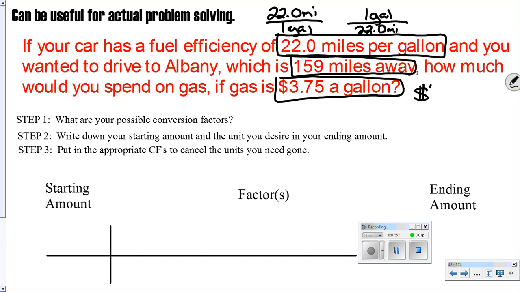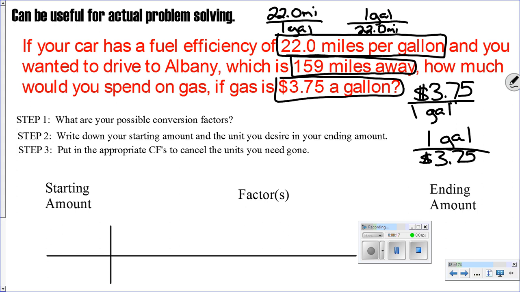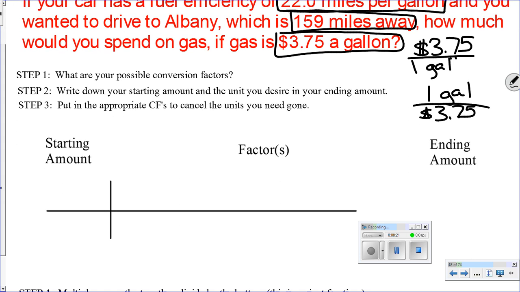We also have $3.75 over 1 gallon. I should probably be a little bit more consistent and abbreviate that the same way. Gallon. Or you could also say 1 gallon is equal to $3.75. So my starting amount is going to be the thing that isn't related to another quantity.